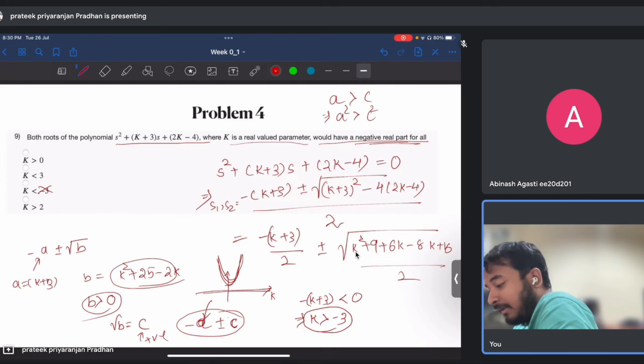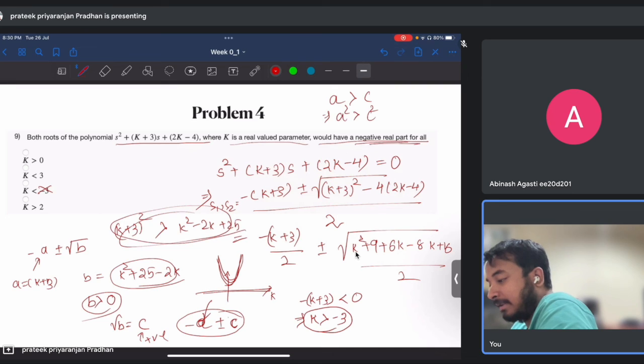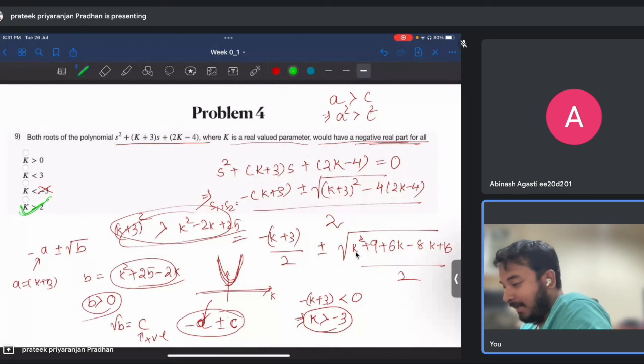That means (k plus 3) whole square is greater than b, which is k square minus 2k plus 25. So solving this problem will give the answer, k is greater than 2, that you can try by yourself.